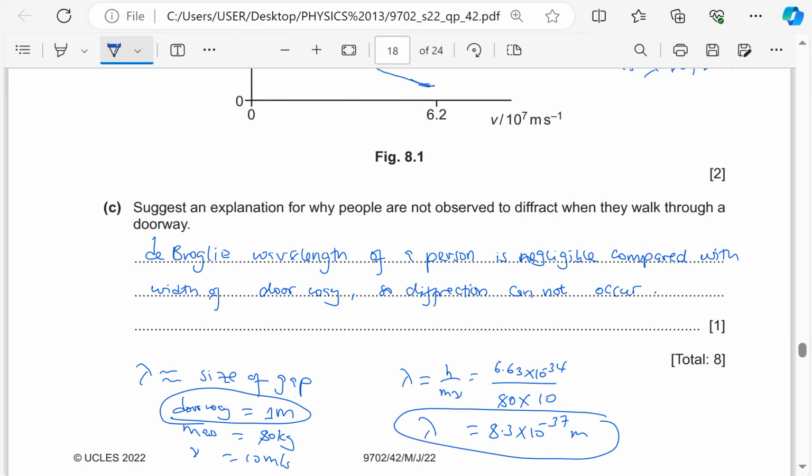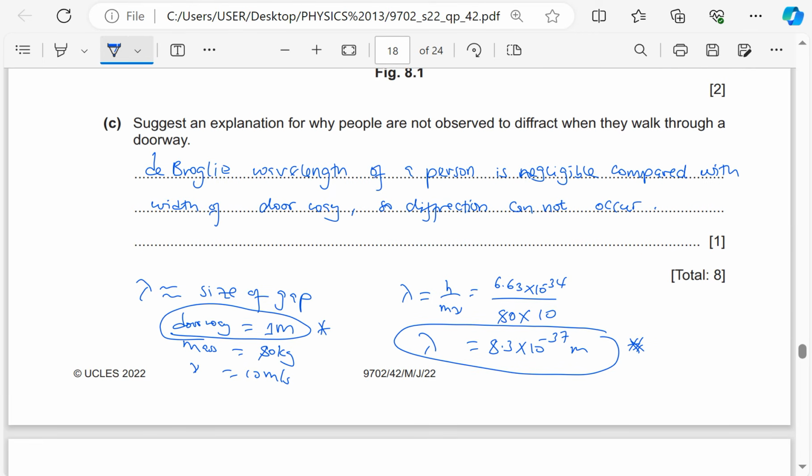Okay, so diffraction cannot be observed because the de Broglie wavelength is too small compared to the size of the doorway. For diffraction to be observed, the de Broglie wavelength should be almost the same as the size of the gap.